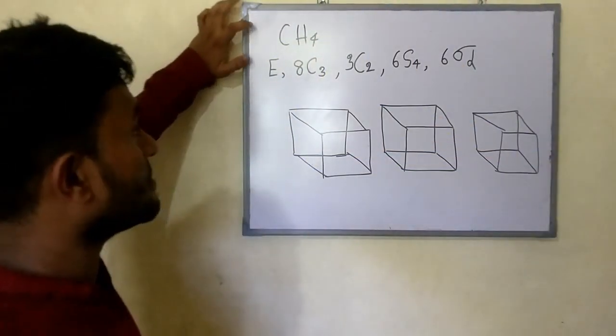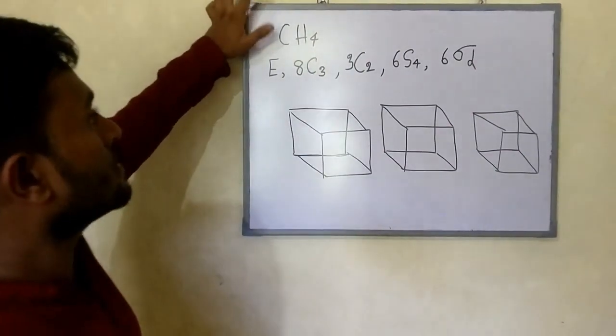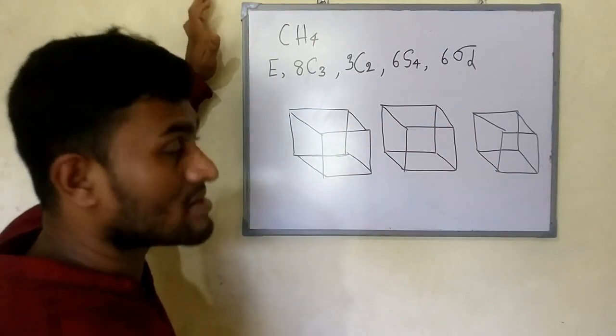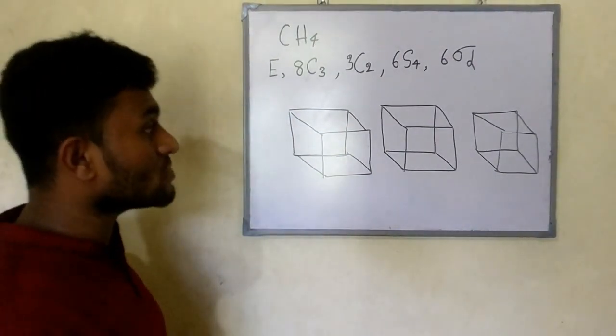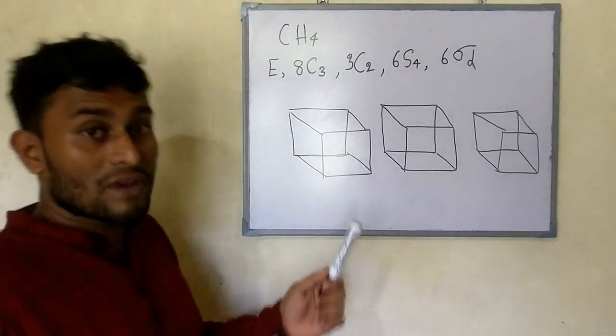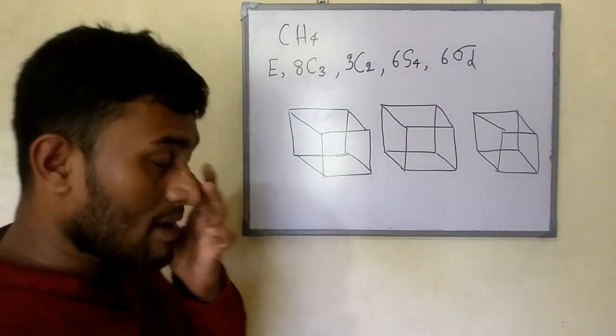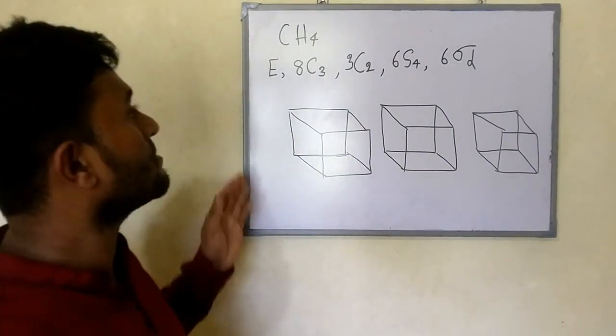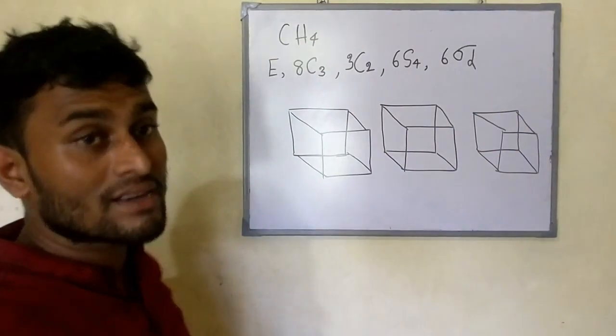Next example will be methane molecule, CH4. This is very much frequent, very much common question in your exam papers, so you need to be very careful on this. Normally, we study the symmetry elements of methane molecule inside a cube.